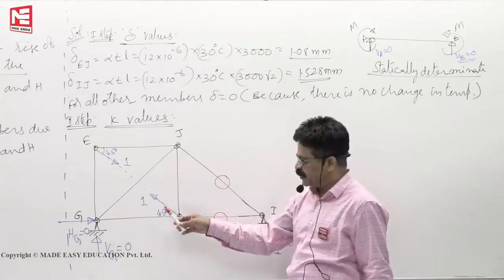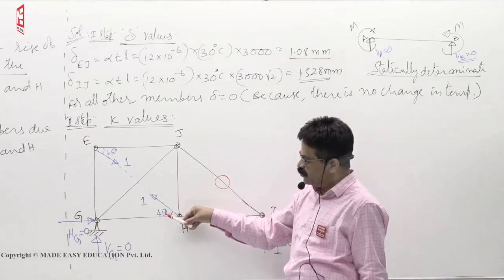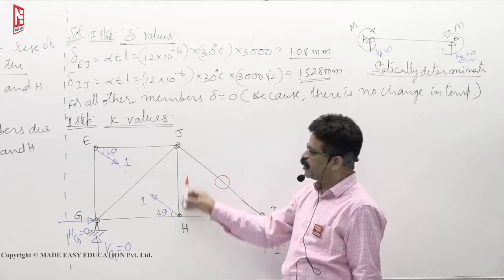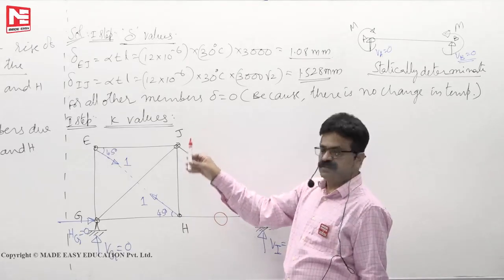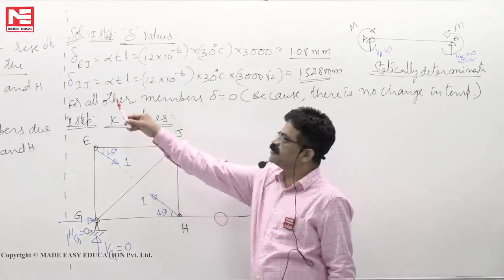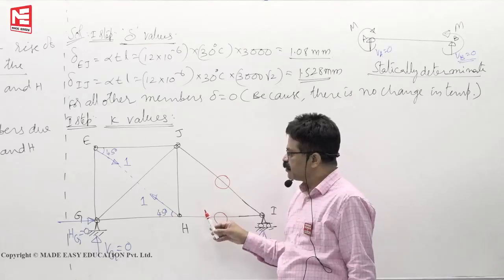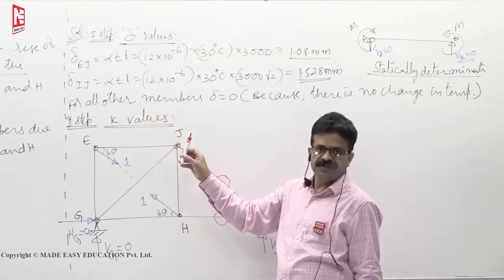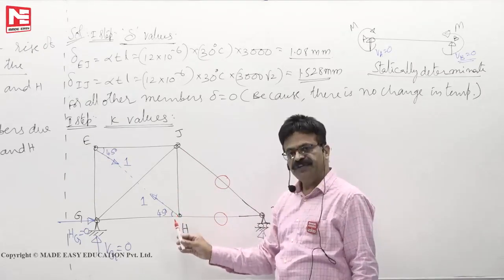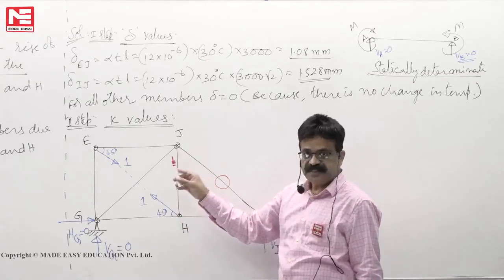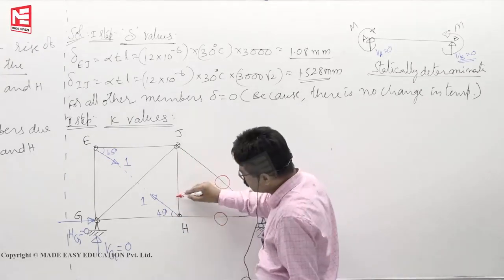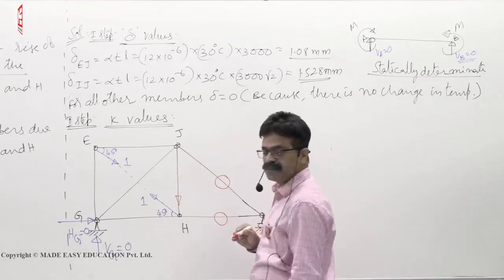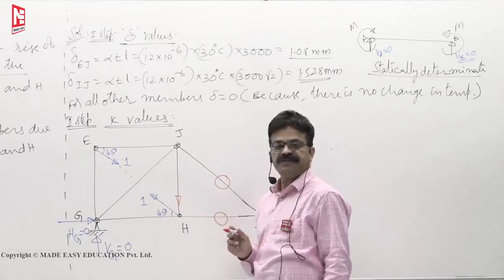Next, come to this one. 1 sine 45 is acting upward. See, the arrow mark is going up to the left like this, but it's going up. So, 1 sine 45 is upward. To balance that, it should be a downward force. Put downward force. 1 sine 45 how much?